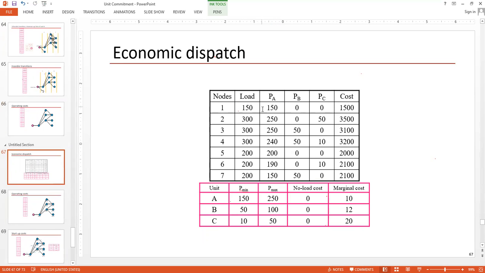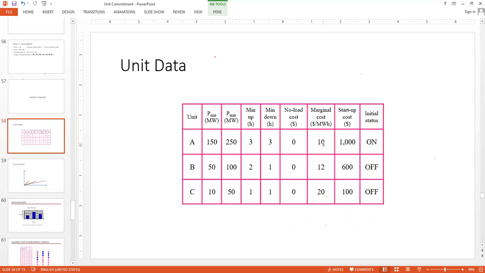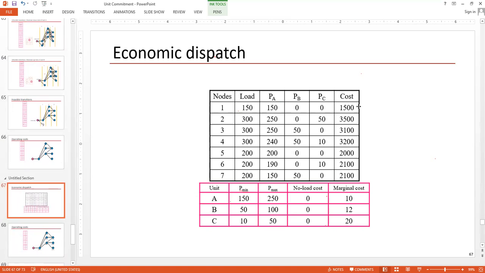We only have a single unit available, so that value has to be generated from that single unit, and you can calculate the cost. Your generation is 150. What is the marginal cost? It should be 10. So 150 multiplied by 10 gives you 1500. So this is the 1500.